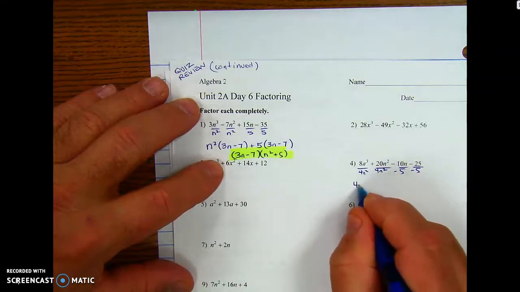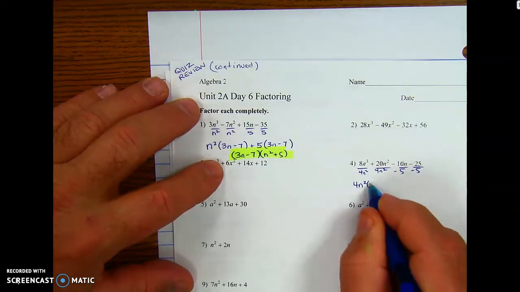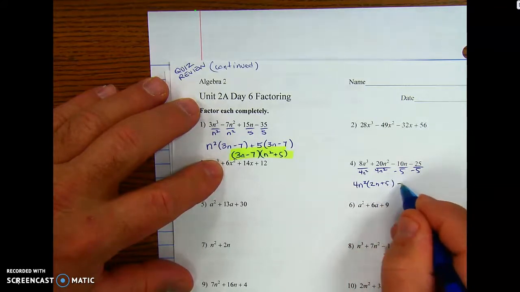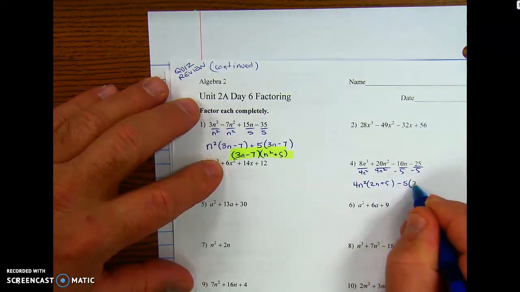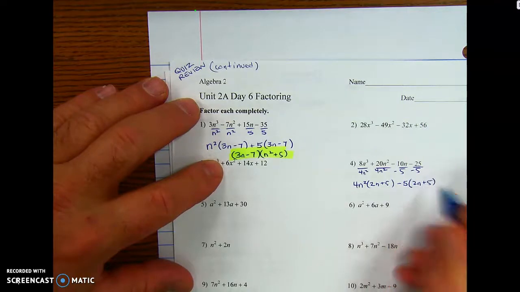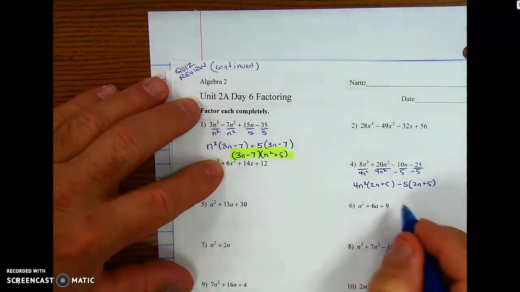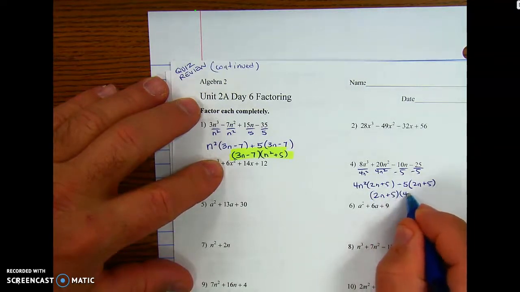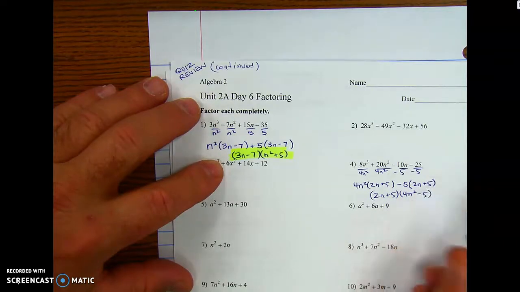So I got 4n squared times 2n plus 5. And then I got minus 5 times 2n plus 5. So my final answer is going to be 2n plus 5 times 4n squared minus 5.